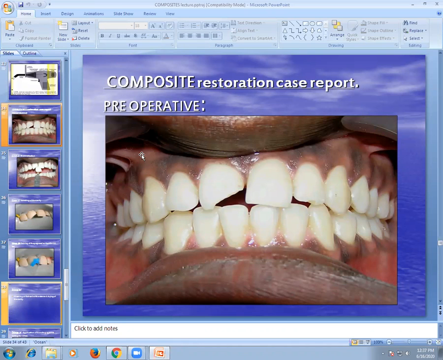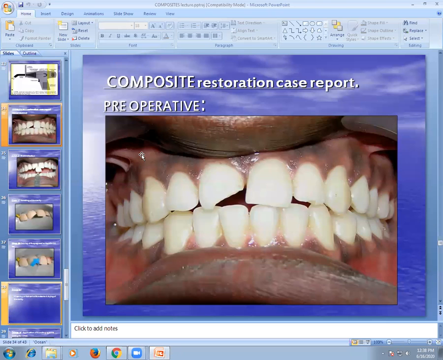In some cases, suppose caries is very close to the pulp tissue, right? So we cannot directly place the composite in such cavities. Why? As you know, there is a polymerization shrinkage in the composite. Due to that polymerization shrinkage, the patient may face post-operative sensitivity.